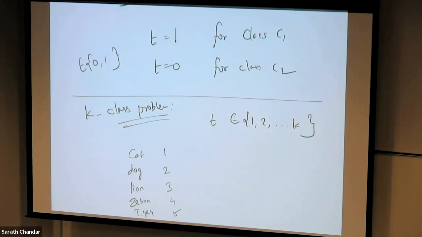So this numbering scheme tells that these two are closer than these two. But in reality, that is not true. All the 5 classes are equally distant.